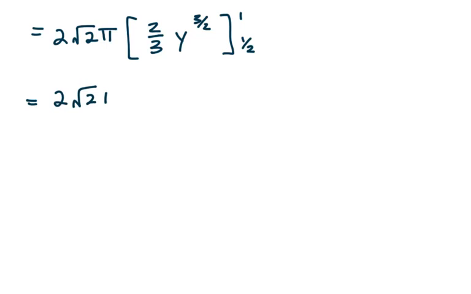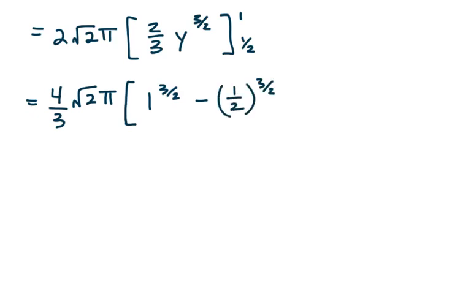2 root 2 pi. I'll actually go ahead and pull out that 2/3, which makes this 4/3. And we're just dealing with y to the 3/2. So I have 1 to the 3/2 minus 1/2 to the 3/2. 1 to the 3/2 is just 1.